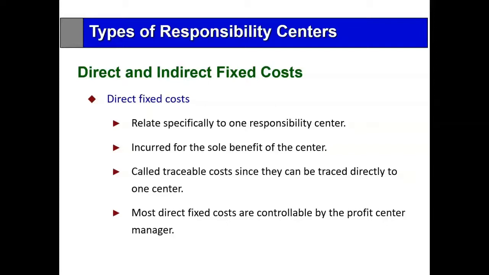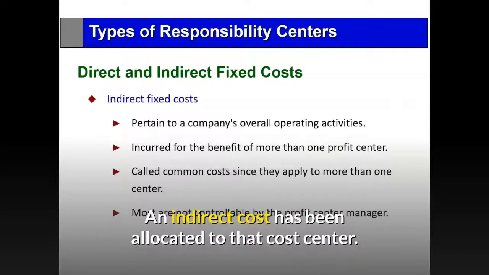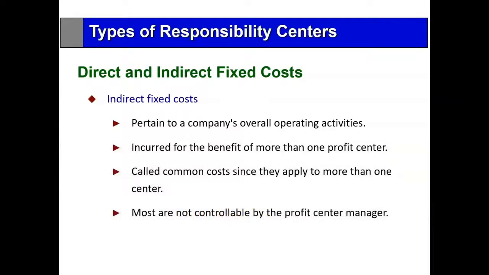So a direct cost is a fixed cost that is incurred for the sole benefit of the responsibility center. An indirect cost has been allocated to that cost center. For example, we may charge the cost center occupancy cost at a rate of square footage. Well, okay, the occupancy cost then, and that rate is an allocated rate.